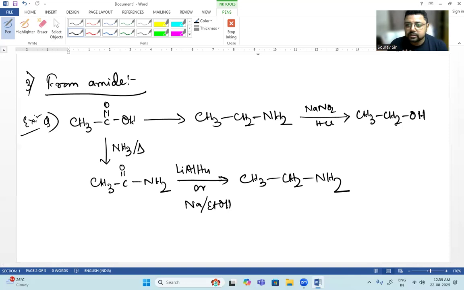Okay, so this is the thing that we need to understand, that from one place we can go, but we cannot directly prepare. We can also directly prepare ethanol from this carboxylic acid as well. We have to reduce it with LiAlH4, then we can get this ethanol, or we can reduce it with BH3 over THF and we can get this ethanol. So these are the things that we need to know.